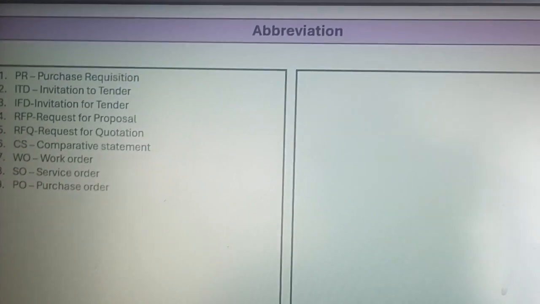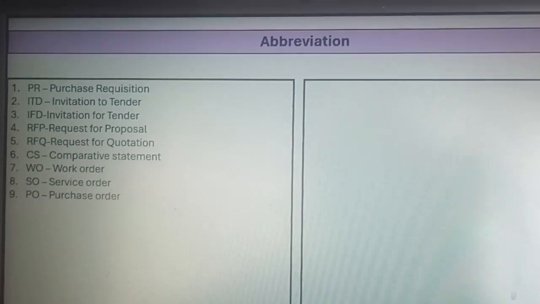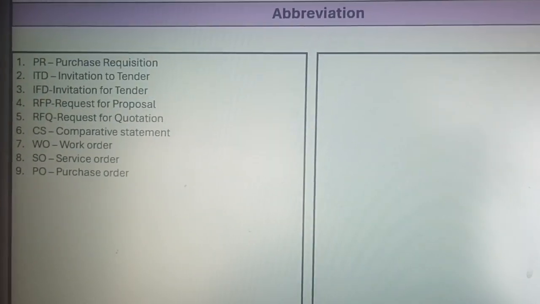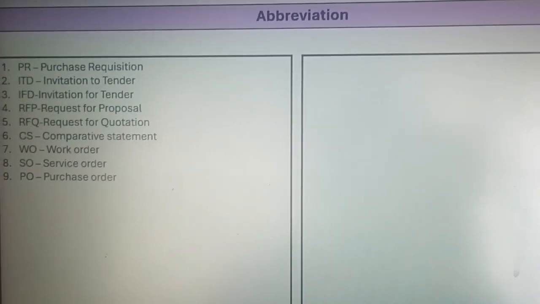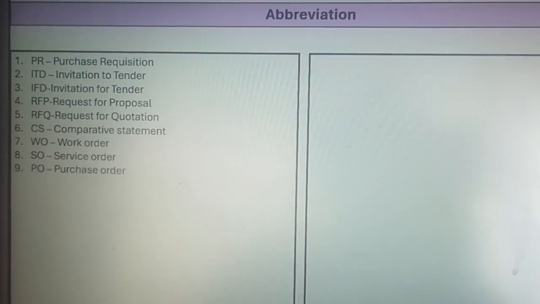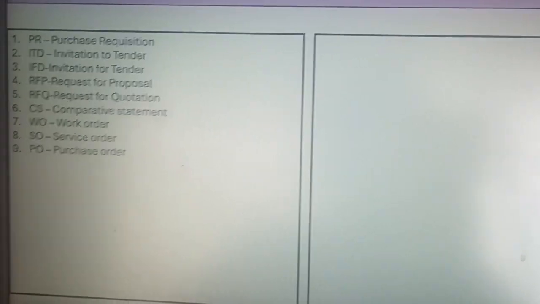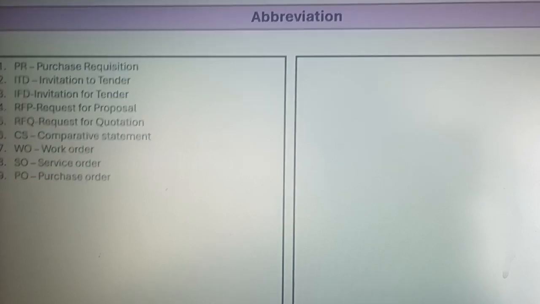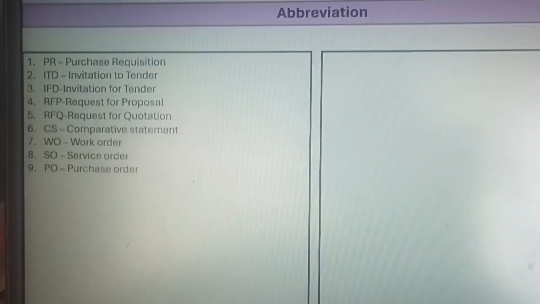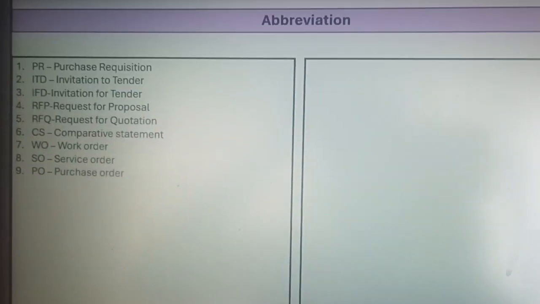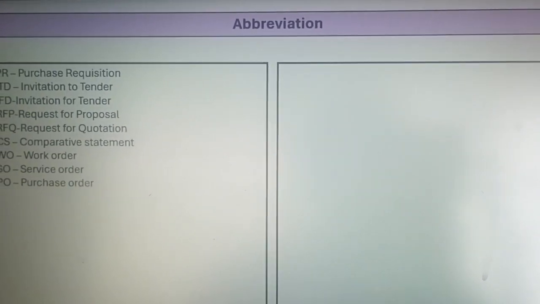Then purchase order. Its short form is PO. As you already understand, a purchase order means when the buyer gives a supply order to the seller, mainly the purchase order word is used and its short form is PO.